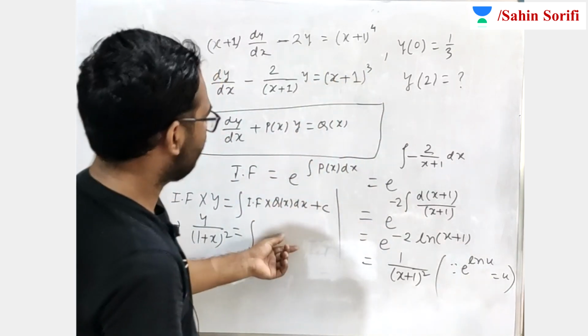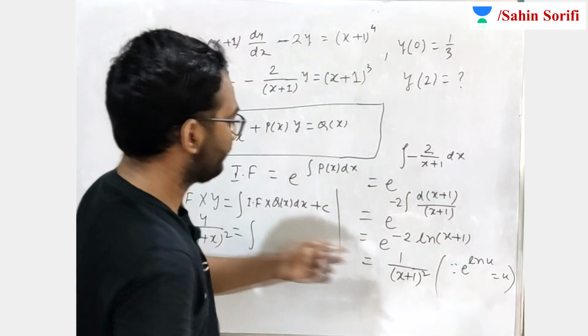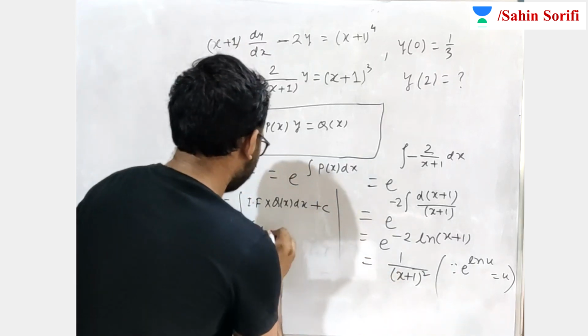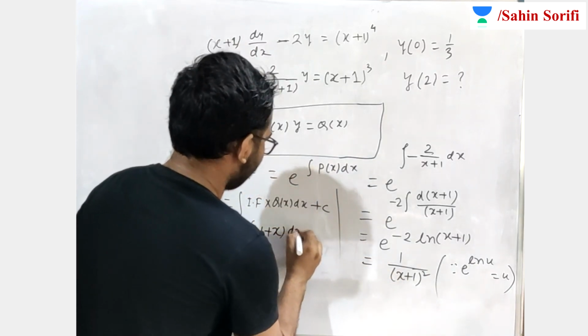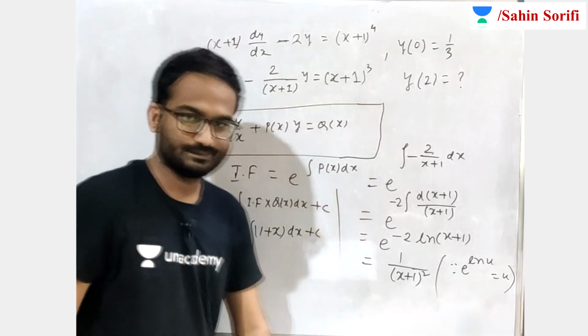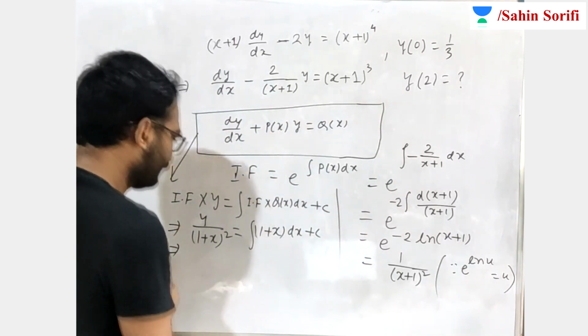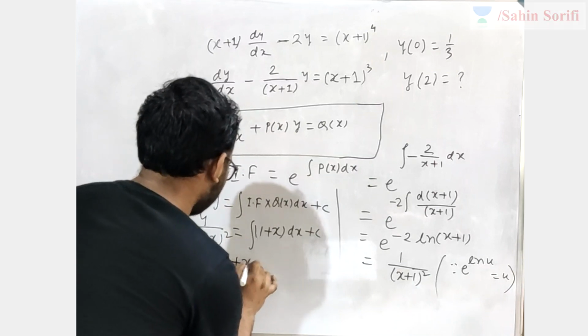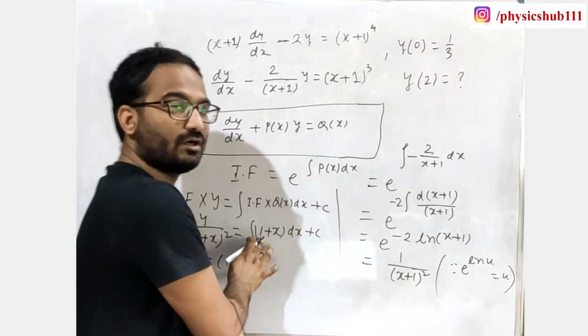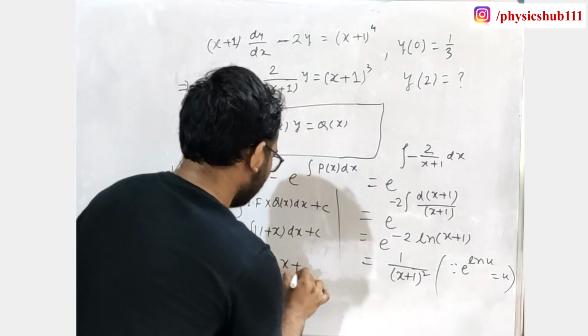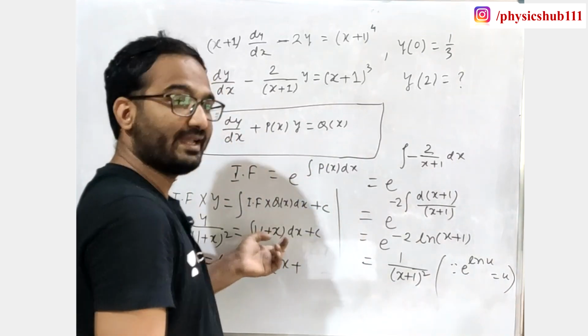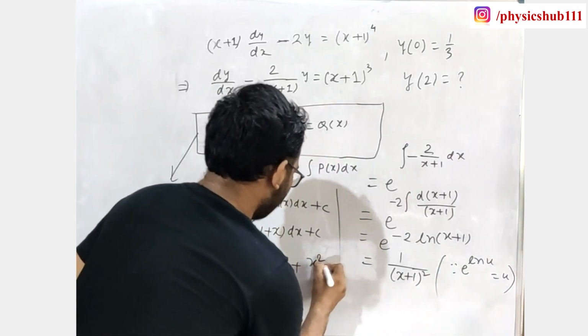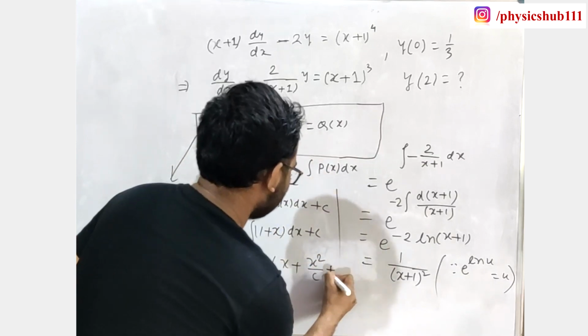So (x plus 1) cube into the integrating factor 1 by (x plus 1) square, dx plus c. So we can easily determine this. y equals (1 plus x) whole square, integration of dx is x plus integration of x dx is x square by 2, plus c will remain.